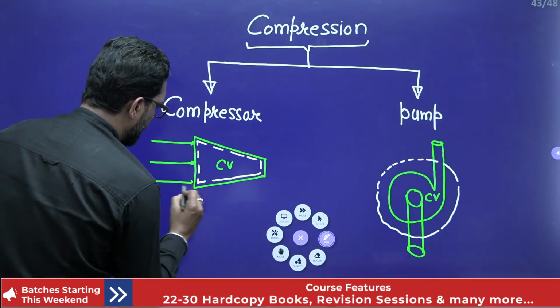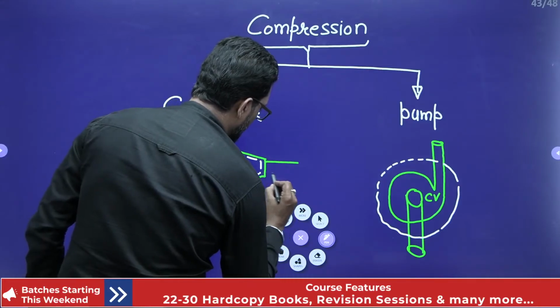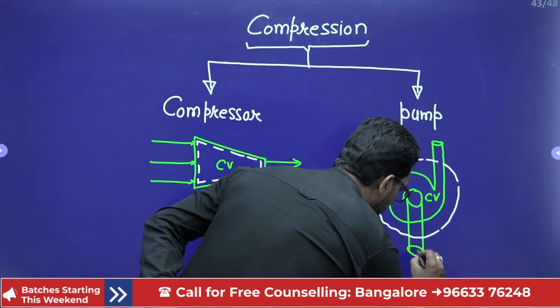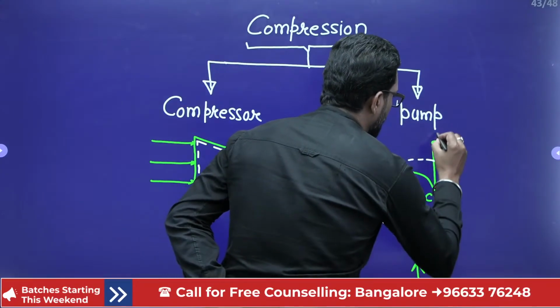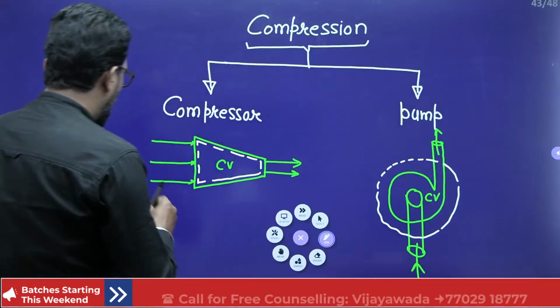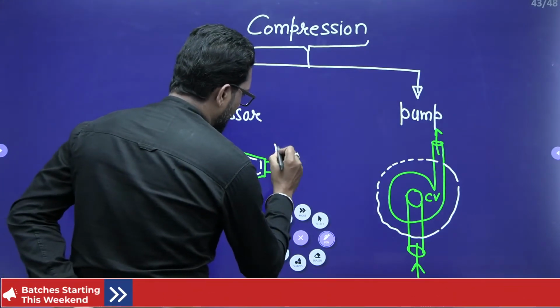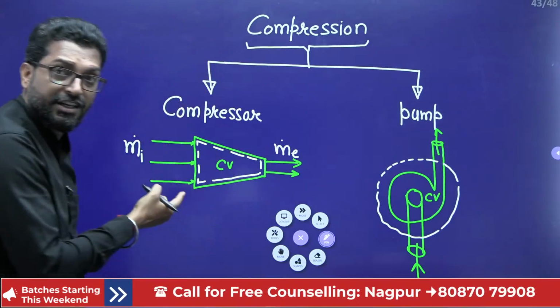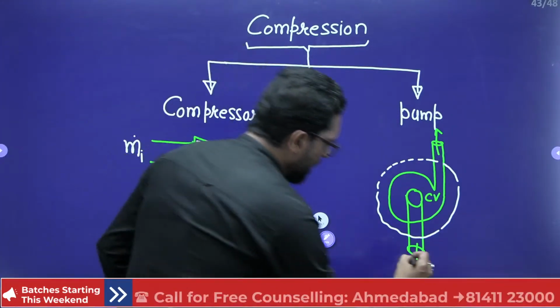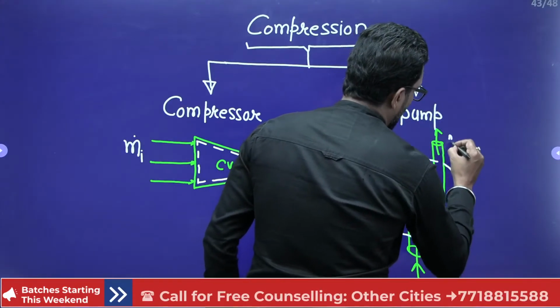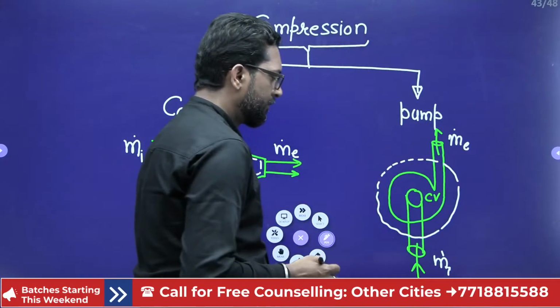The fluid is in here and fluid is out here. Mass flow rate in and mass flow rate exit. If it is a steady device, both are the same. Mass flow rate in, mass flow rate exit. Okay, this is a pump.